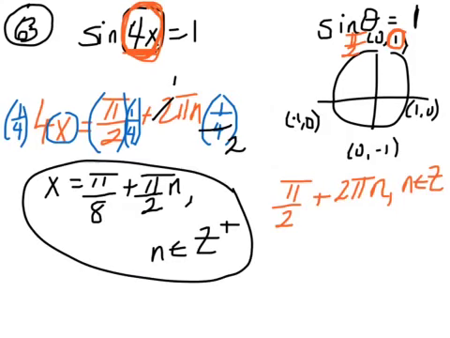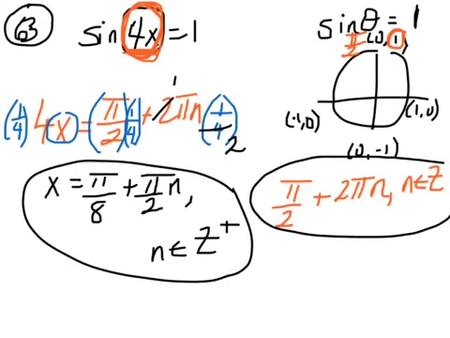We had done this in class, and what I had done was set the 4x equal to the pi halves first, and then added the 2 pi n, but I actually have to describe all the solutions to this problem first and then set that equal to 4x. That's the adjustment we had to make.